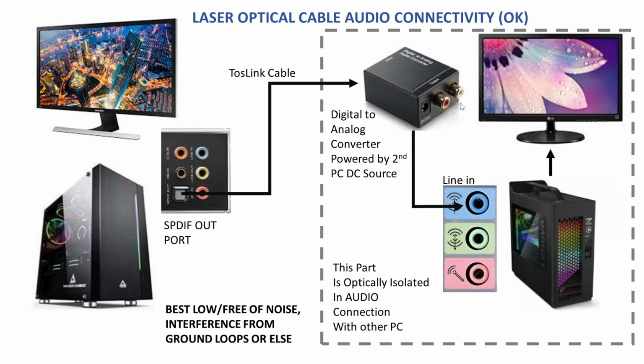Because it's RCA, you have to convert RCA to 3.5 millimeter connectors. But that's very easy to find, or there are cables laying around that do that. So you convert RCA stereo audio into line in, and then you receive it here cleanly.